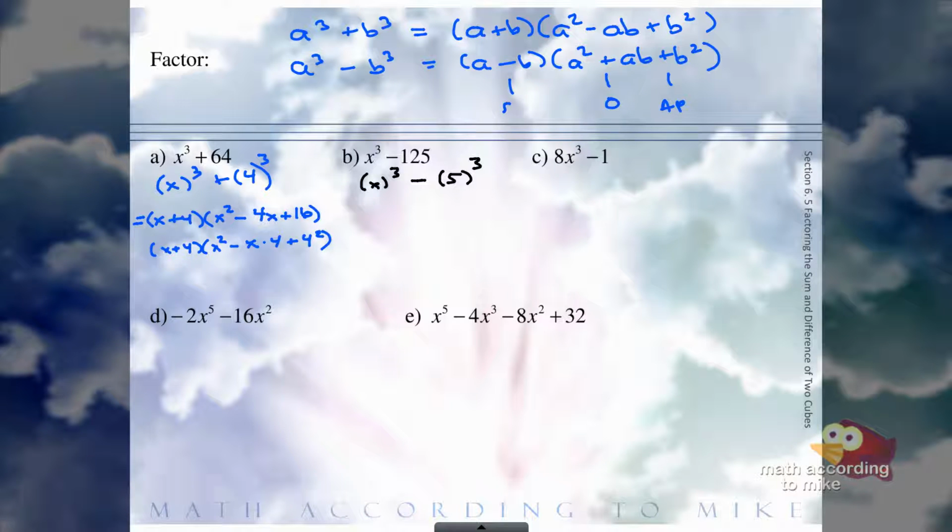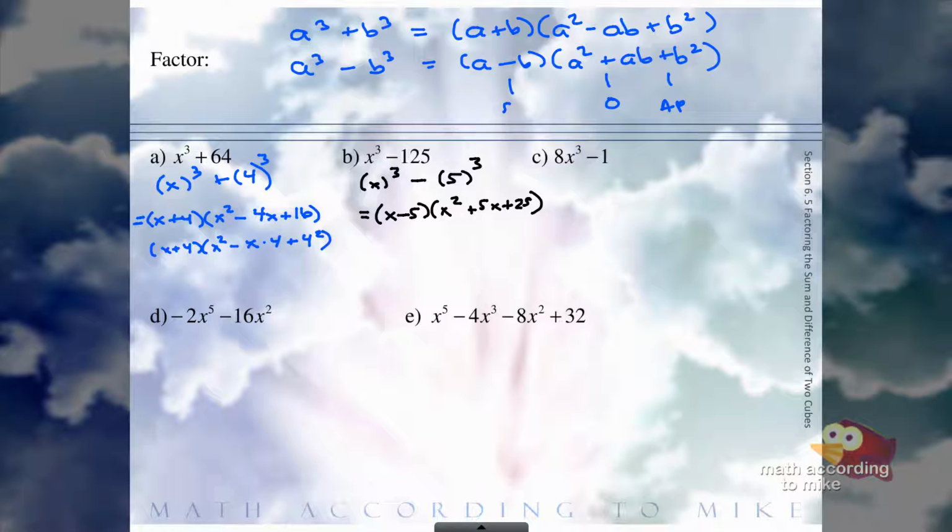Wherever you see a b, we're going to put a 5. So that means this factors as a minus b, x minus 5, times a squared, x squared, plus a times b, x times 5 is 5x, plus b squared, 5 squared is 25. Done.